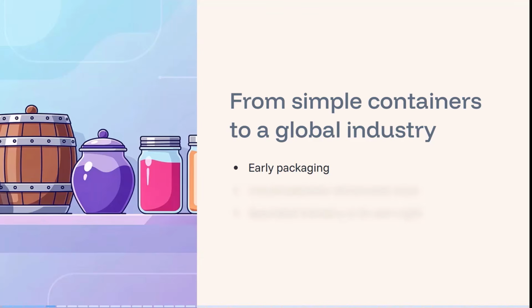Now, what changed was industrialization. As food production became more mechanized, cities grew and supply chains became longer, so packaging had to do more. Food often had to travel further now, it had to stay usable for a longer time, and it had to fit into a larger, more standardized system of production and retail. Now, this meant that packaging had to support preservation, transport, automation, and information, not just storage as it used to.